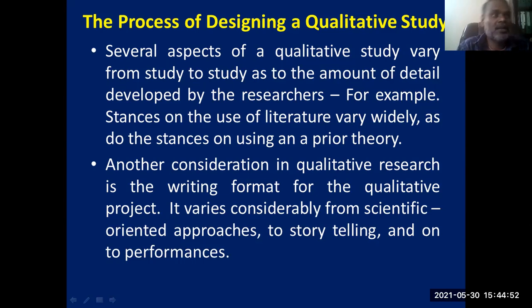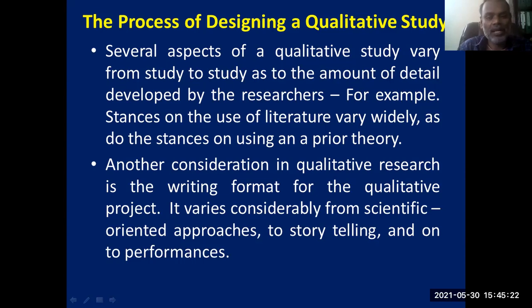So you can use either an inductive or deductive method: you can create a theory, or you can check an existing theory. You can go from there before starting a review of literature. It depends upon the context and the interest of the researcher. Either you can start with the problem, or review the problem, depending upon the researcher's point of view.